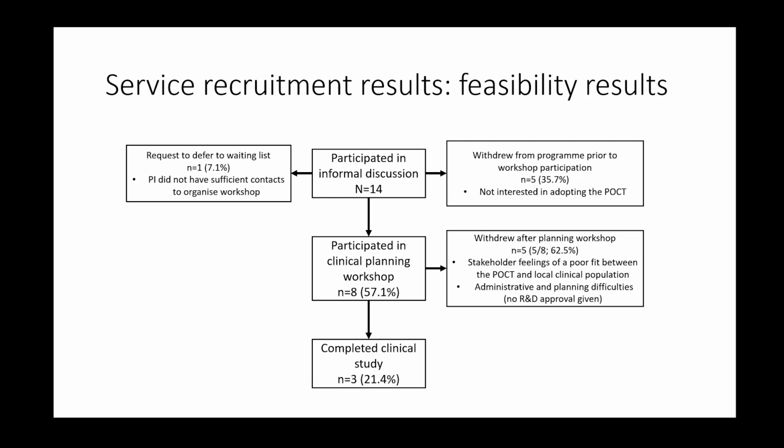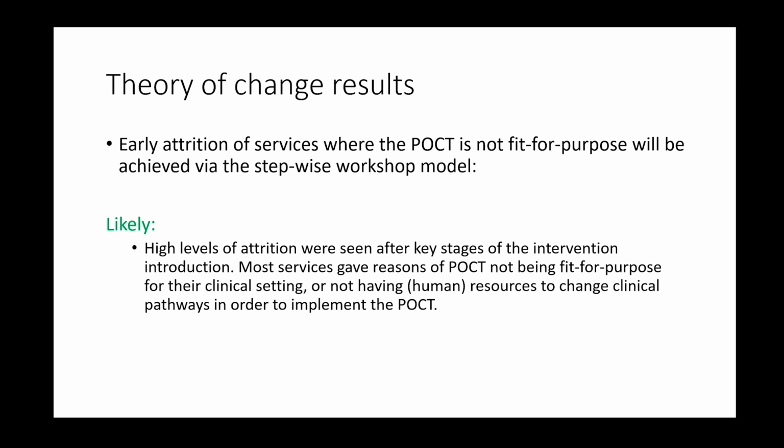So all in all, 3 completed the clinical study. Again, we were wondering whether this model would lead to early attrition of services where the test wasn't fit for purpose. And it's likely that that was the case because we did see those high levels of attrition.